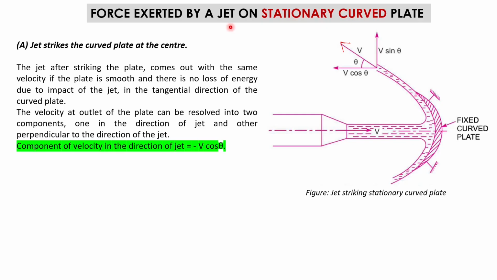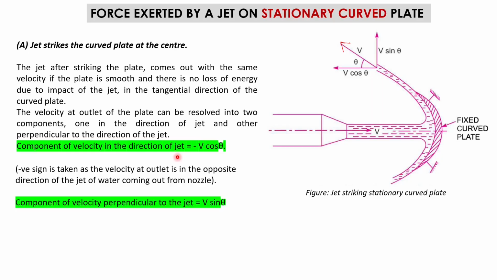The component of the velocity in the direction of the jet is negative V cos theta. Why? Because this direction is 180 degrees apart from the jet direction, so they are in opposite directions. That's why we take the negative sign. And the component of the velocity perpendicular to the jet is V sin theta.